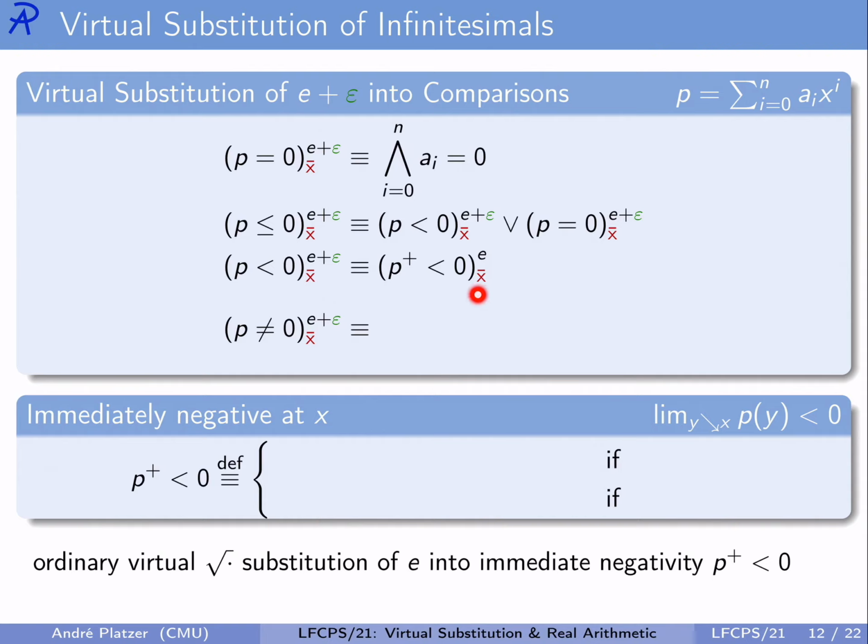If we have a definition for that, then we also have a definition for it being true at virtually substituting the original square root e in for x in this definition, and have then reduced the question whether at a point just right of e, so e plus epsilon, is p less than 0 true by asking, well, just right of x is p 0, which we will define down there, and then virtually substitute into that, instead of x, we actually want e as the base point for that. But before we could actually define that, let's first finish off with p not equal 0. When is that true after virtual substitution?